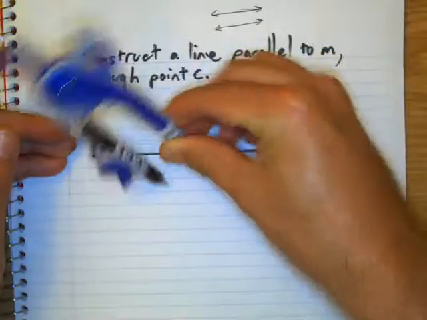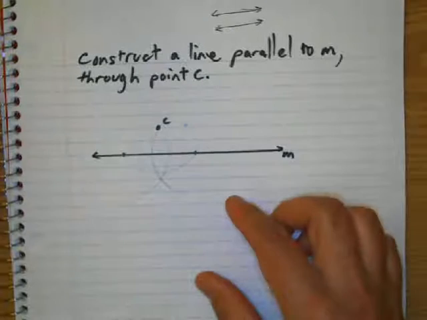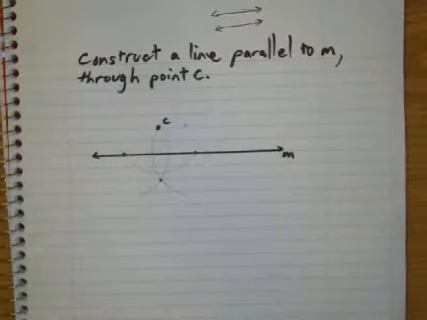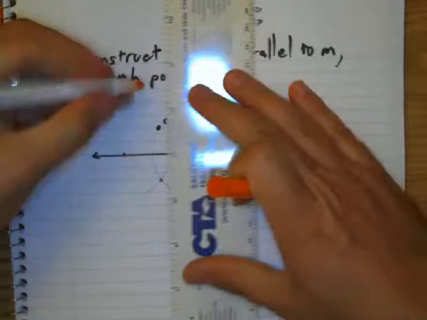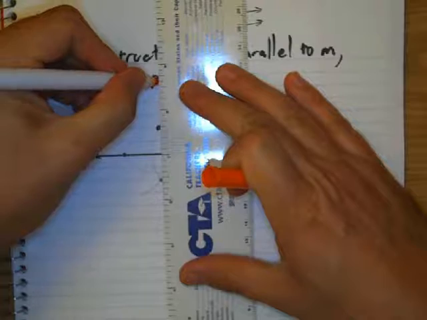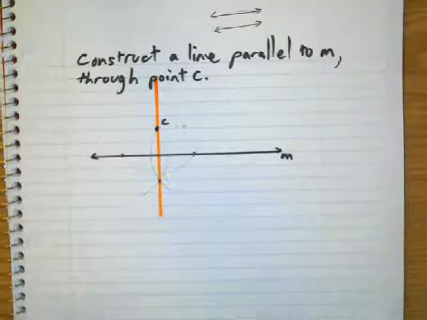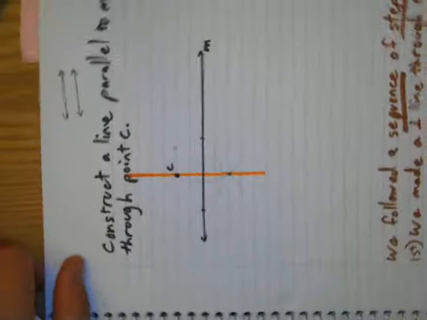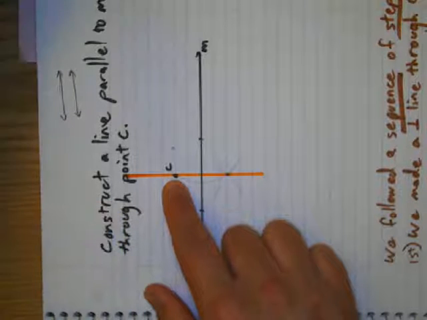All of these arches have the same radius, and where they cross, I'm going to make this line. I'm going to make it a little longer, just so I've got my orange line. Now I'm going to turn my paper sideways. Okay, and I'm going to make a perpendicular line to this, through this point.